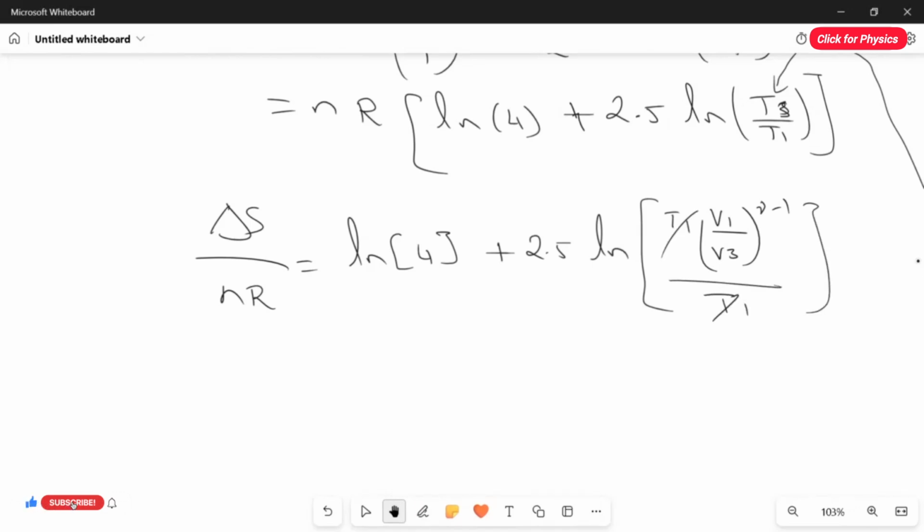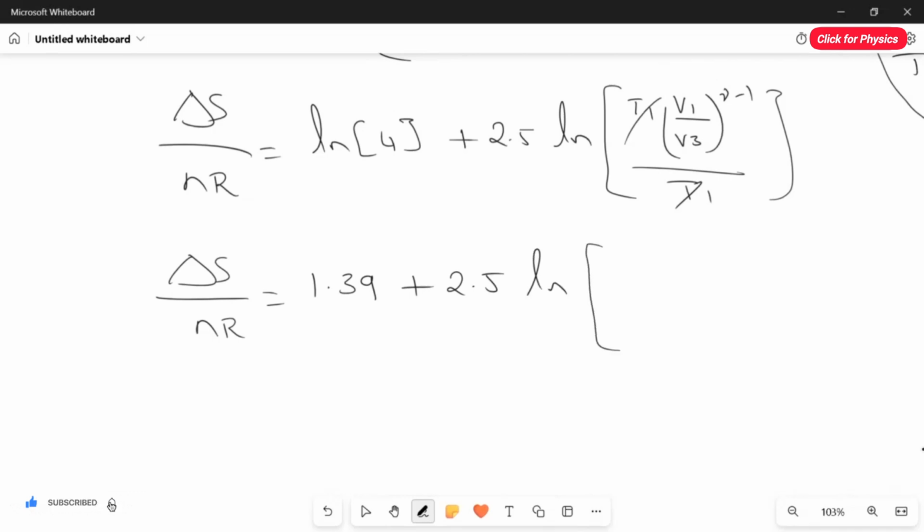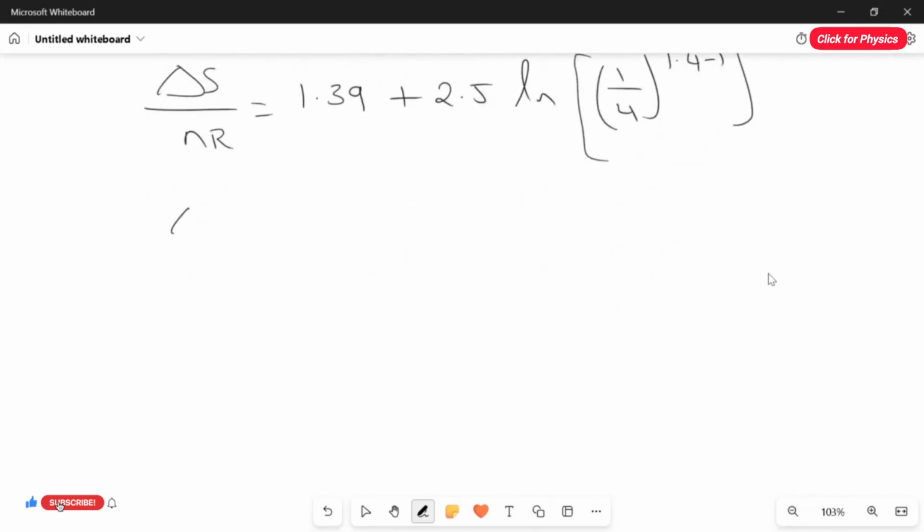So T1 gets cancelled here. The remaining terms: delta S over nR equals natural log of 4, which is 1.39, plus 2.5 natural log of 1 over 4, with gamma being 1.4 minus 1. So delta S over nR equals 1.39 plus 2.5 natural log of 1 over 4 to the power 0.4.